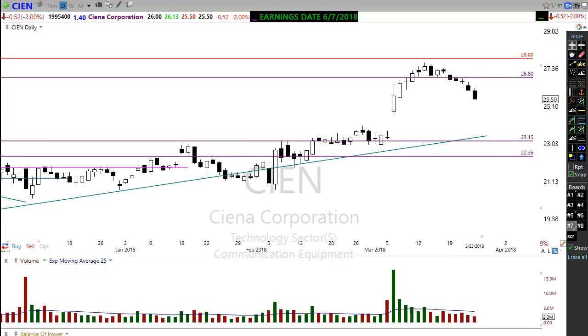Because if we went short a put here, that's a winning trade. If we put on the bear call credit spread up here, that's a winning trade. If we put on a synthetic put or a synthetic short position, that's a winning trade. If we put on a put debit spread, that would have been a winning trade.